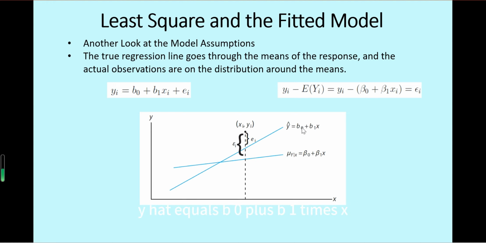Y hat equals b0 plus b1 times x. So b0, b1 are the coefficients of linear regression. And the difference between the real observations and the point on this line, called e1, is the error term.